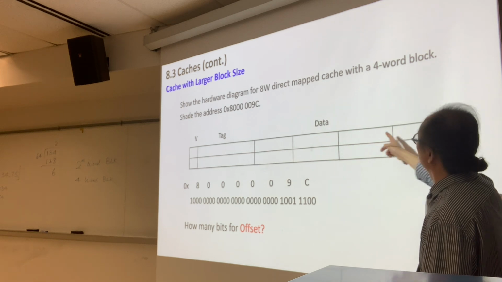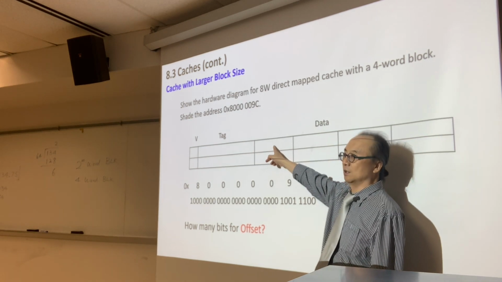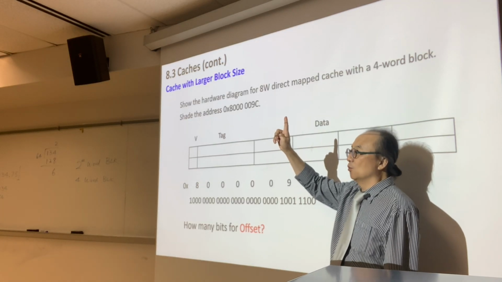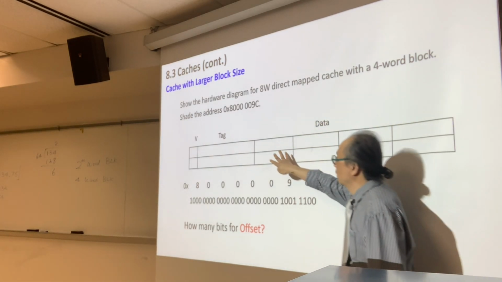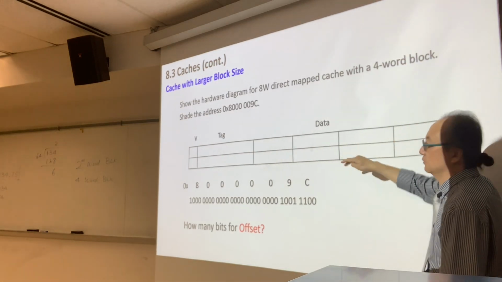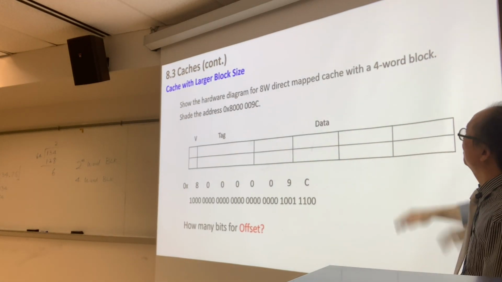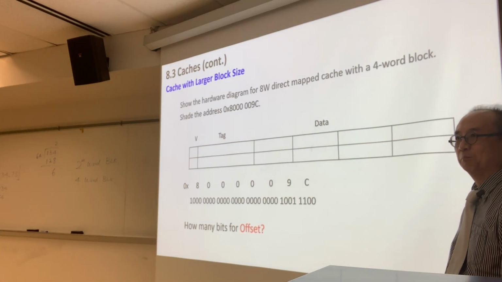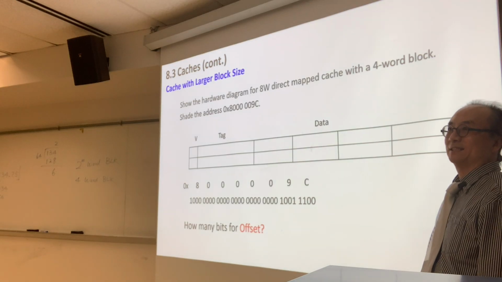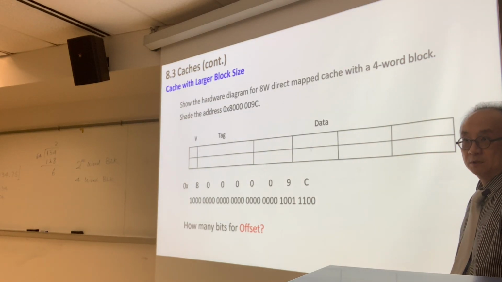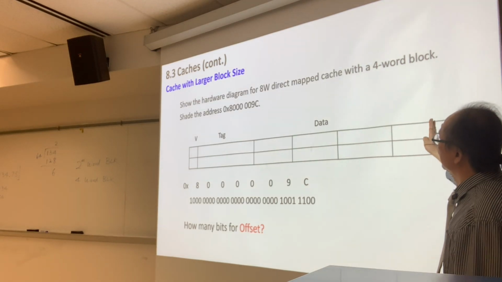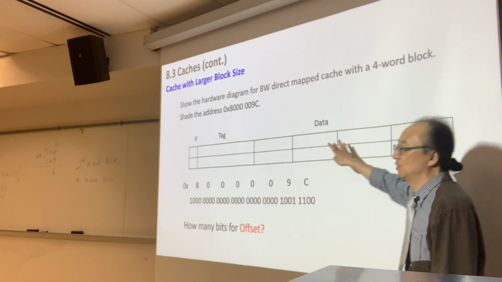Because this is a word, and each word has 4 bytes. 4 byte, 4 byte, 4 byte, 4 byte, total 16 bytes. That's the 4-word block. If we have 16 bytes, we have 16 different names using binary numbers. We need 4 bits, 2 to the power of 4, to distinguish 16 different bytes.